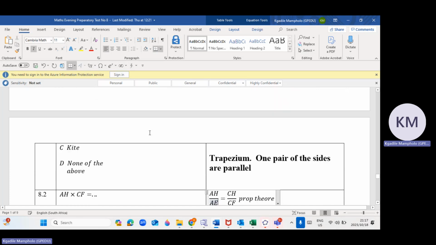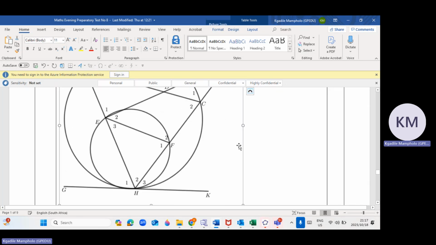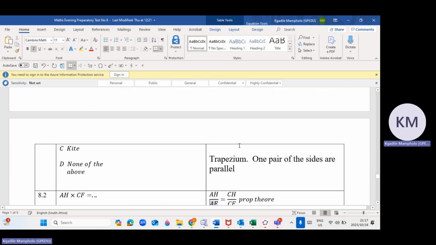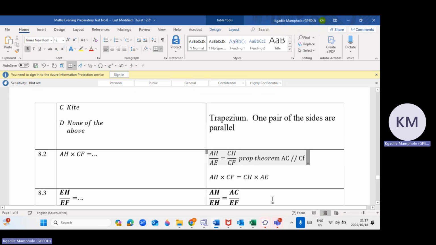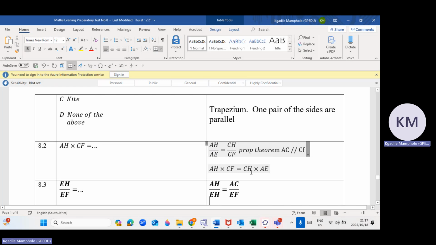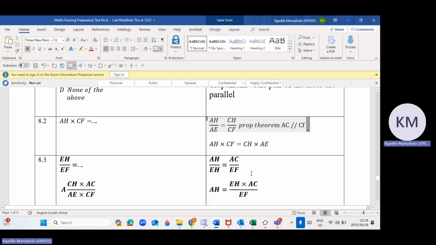We say proportion theorem because the two lines are parallel. And which lines are parallel in this case? We know that AC is parallel to EF. Then you apply the proportion theorem. Then when you cross multiply, AH over CF will be CH times AE. Now it's further given that EH equals.